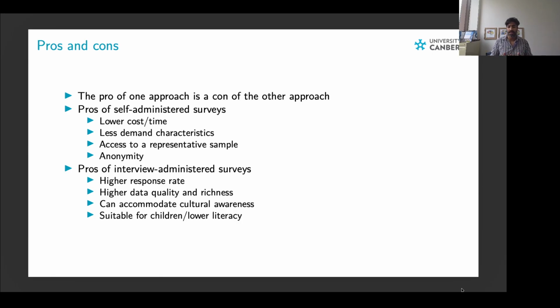More likely it would be interviewed with someone from the community who actually provides that pathway to allow you to interact with others and connect with them. So there are ways in which the interview administered surveys really acknowledge the culture of the people and ensure that you're not breaching any cultural norms there.